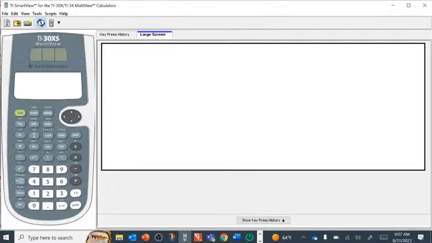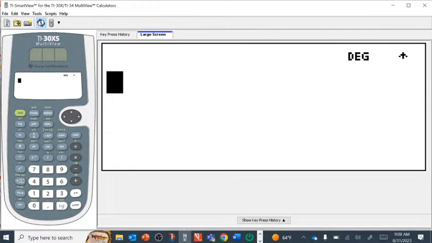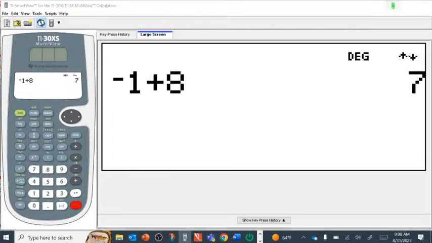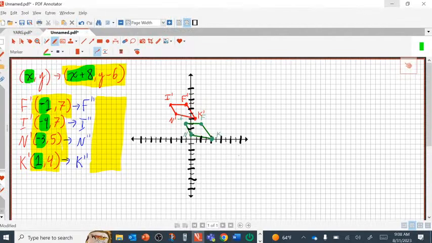There we go. So negative 1 plus 8. And why is it negative 1 plus 8? Because negative 1 was the x value for f prime, and plus 8 was the instructions for my x values. So my new x value is 7, yes. Now we're going to do negative 4 plus 8.